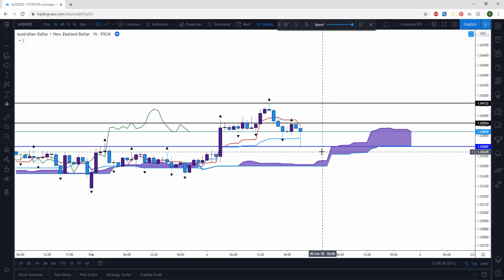No, me personally, no. Because as far as a buying opportunity, it only wicked at that support level. I will wait for the next candle to form. Yeah, that's actually good. There's no opportunity here as far as a trend.